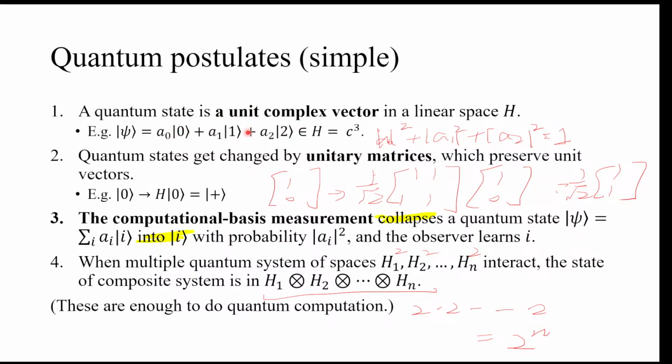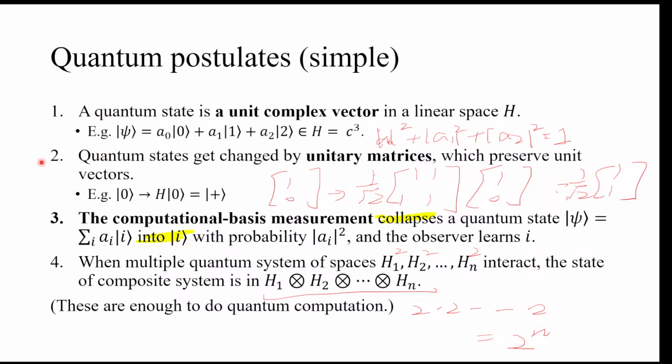We say it's a unit vector, meaning that the length of the vector is 1. So |A0|² + |A1|² + |A2|² should equal 1. This is something we already know and expect for quantum mechanics.